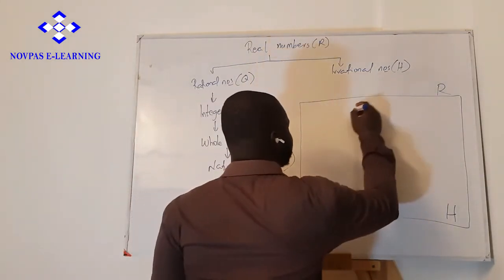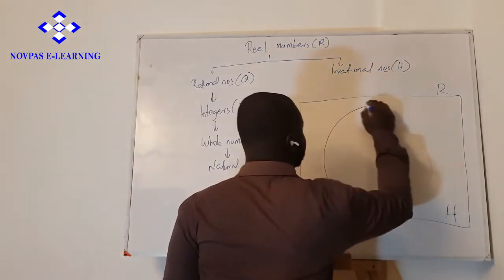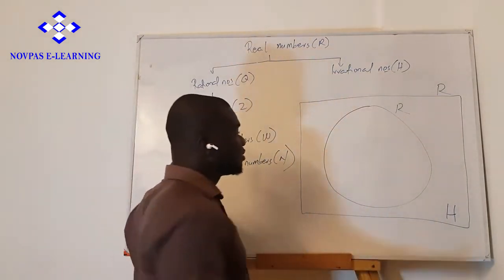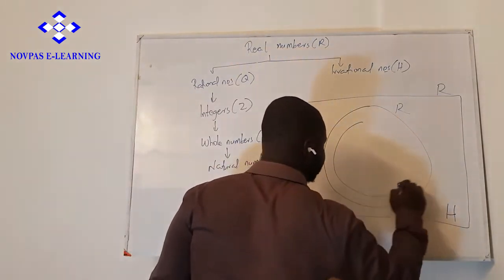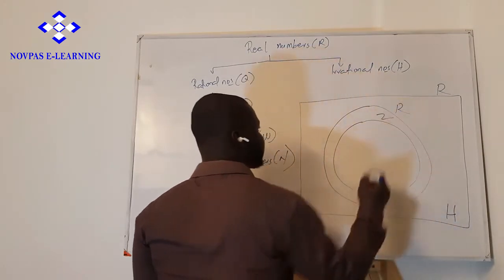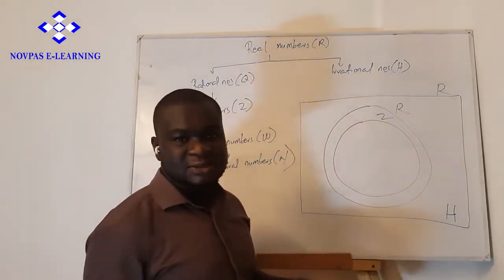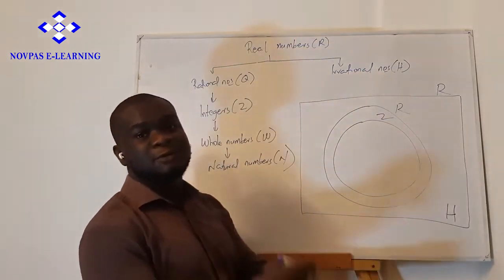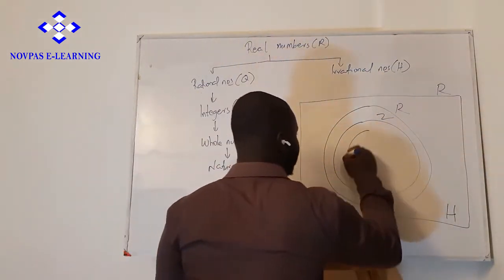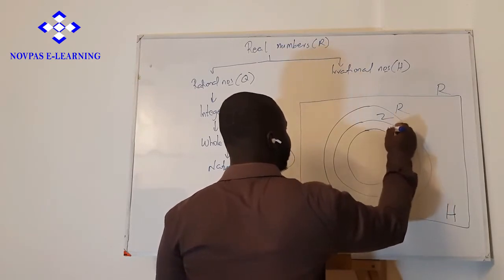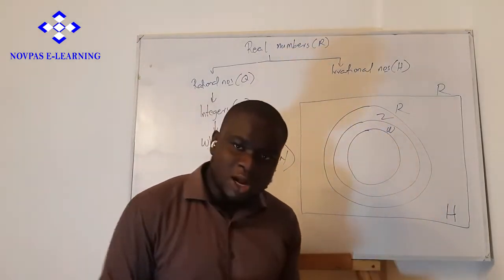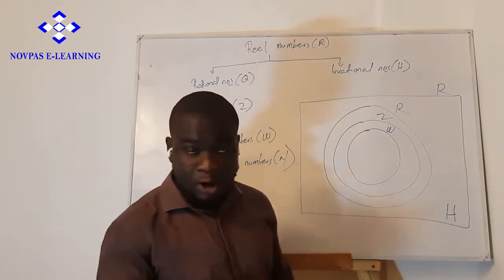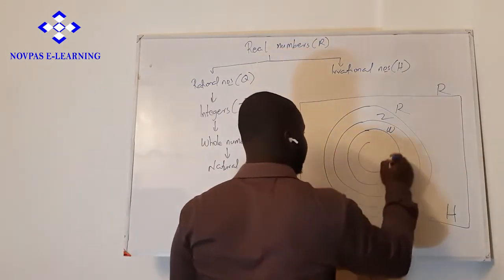And then rational numbers will be this big circle, okay? And within rational numbers, we have integers, okay? And within integers, we'll find whole numbers. Why? Because whole numbers start from 0. And then within whole numbers, we have the natural numbers or counting numbers, because counting numbers start from 1, okay?